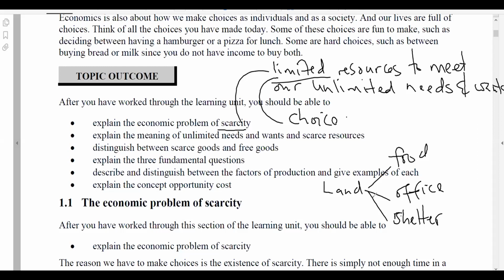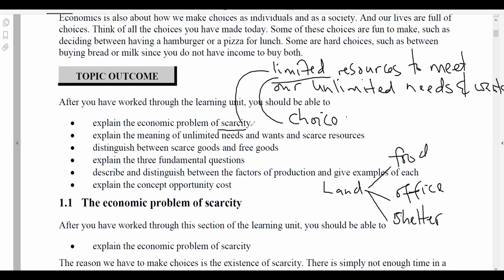Why is that so? Because the land is scarce. So a choice has to be made, whether we're going to use a piece of land to produce food, or to construct either an office block or a residential area. So we always have to make choices when we are presented with scarcity.